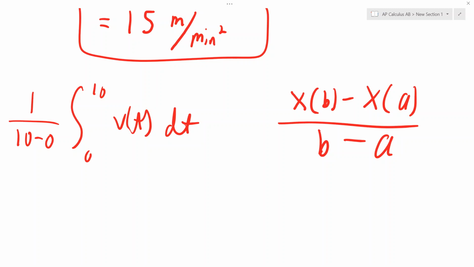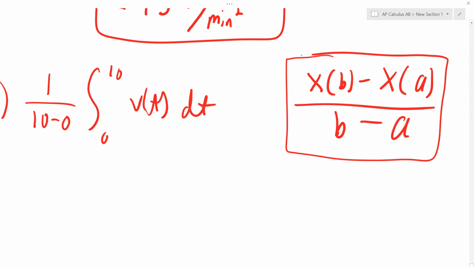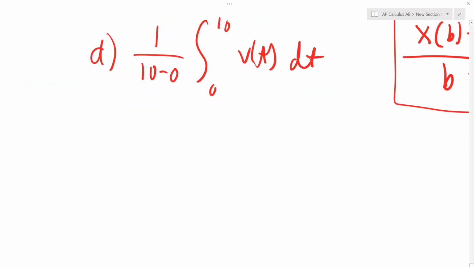Which one is easiest for us to find right now? Well, I don't know Bob's position, right? But because they gave me velocity, I'm going to use this. It's 1 over 10, the integral 0 to 10 of, what was it, t cubed? Help me out here.